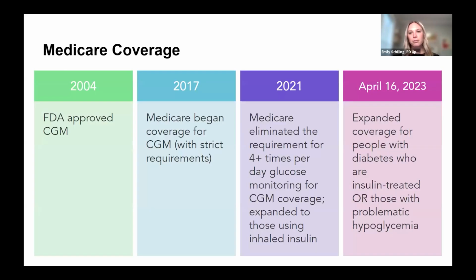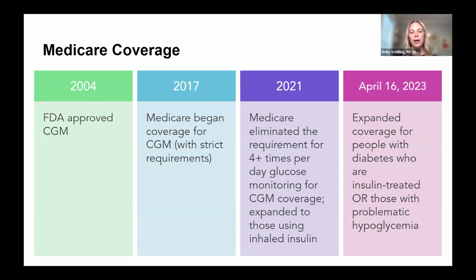Now, CGMs have been around for a while. They were first approved by the FDA back in 2004, but Medicare didn't start covering CGMs until 2017. And at that time, it was with really strict guidelines for coverage. You had to be on multiple daily insulin doses a day. You had to prove that you were checking your blood sugar 4 times a day or more.